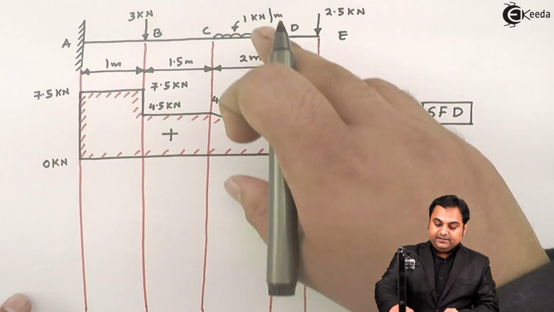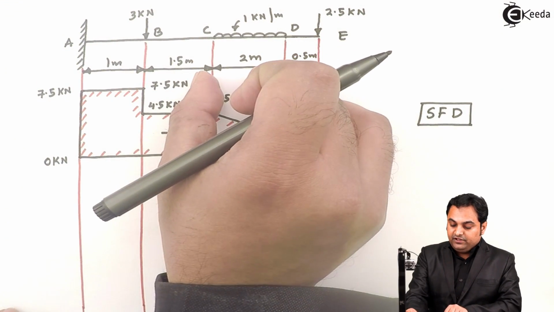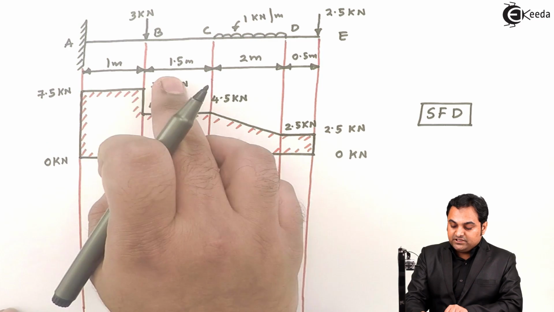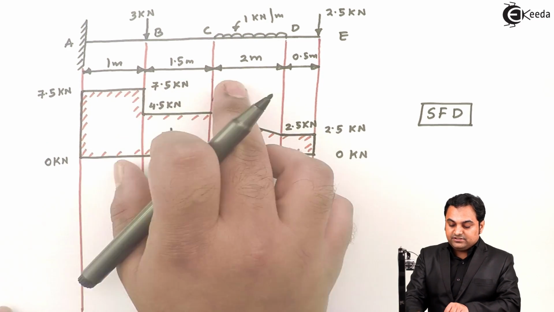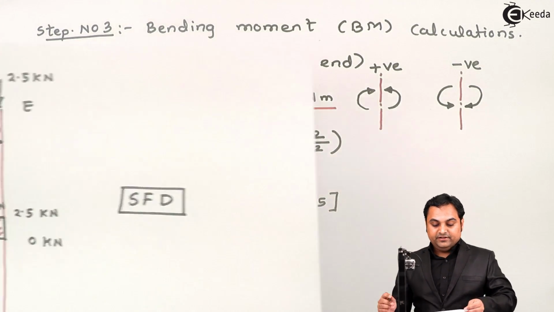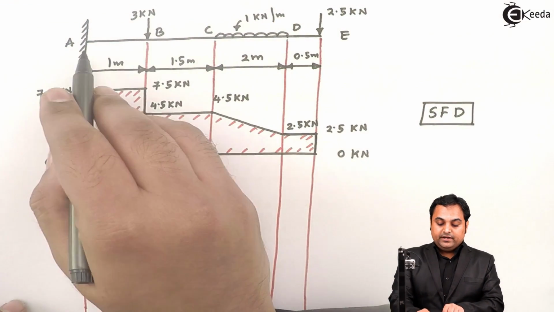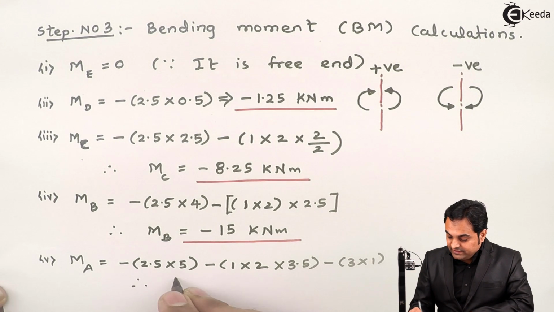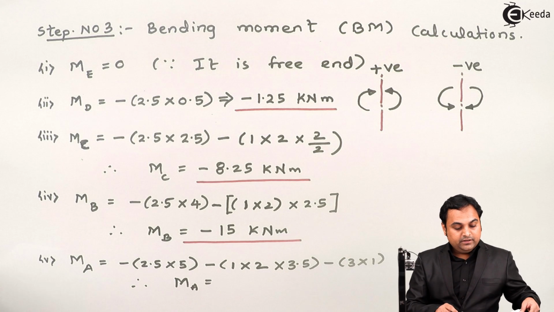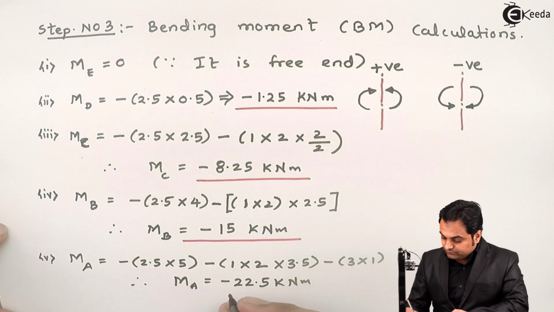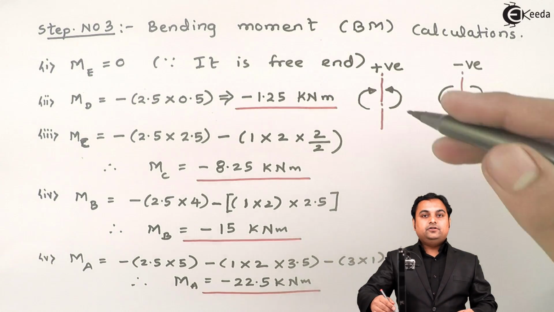Now that point load will be acting at half of C, so it is 1 meter from C, but the distance of that point load of UDL from point A will be 1 plus 1.5 plus 1, that is 3.5. And since it is clockwise, so negative, then 3 into 1, again on the right hand side clockwise moment is negative, so minus 3 into 1. From this I'll get the value of bending moment at point A. Answer is minus 22.5 kilonewton meter. So these are the values of bending moments.